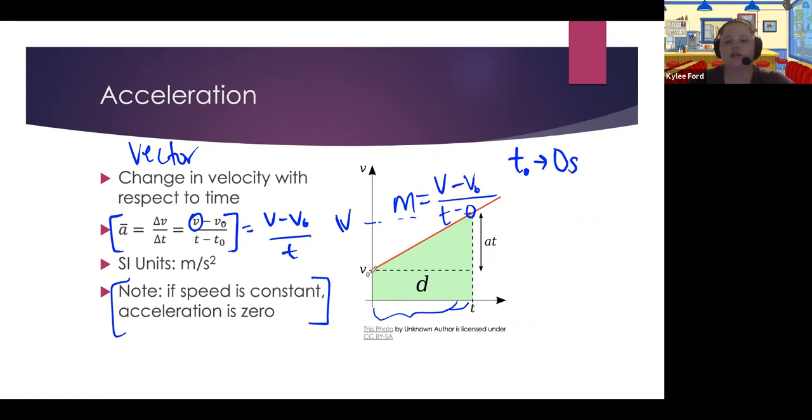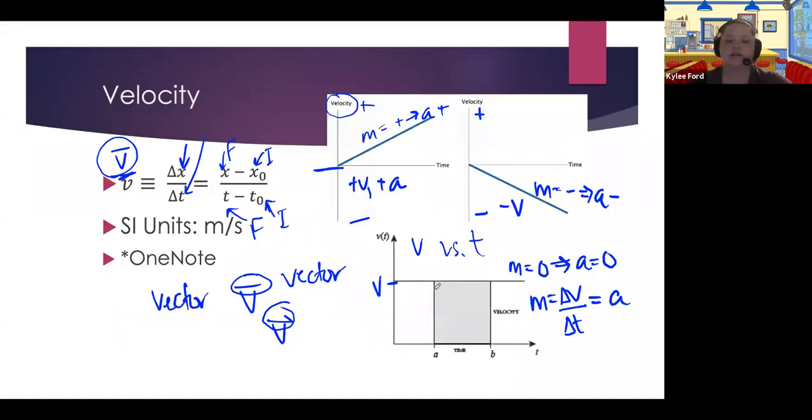So say that we don't have this line and it's just a straight line. Then my speed here would be constant, and my slope would be 0, meaning my acceleration would be 0, just like we saw here, okay?